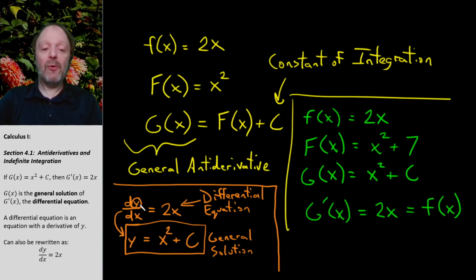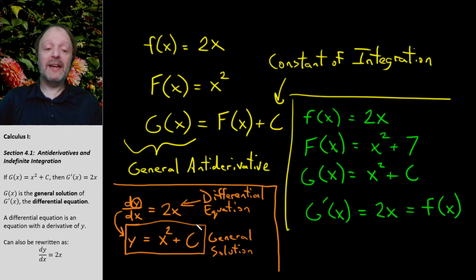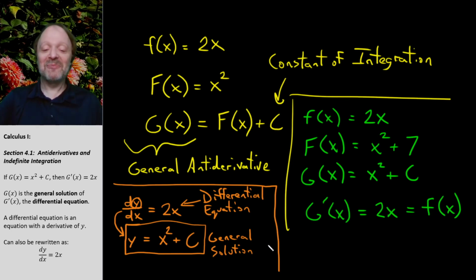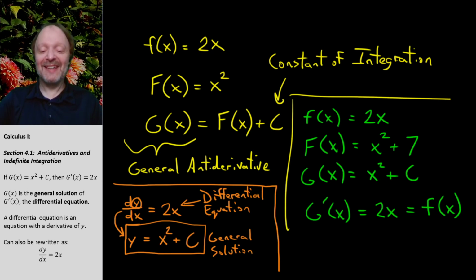The derivative of y with respect to x equals 2x. That's a differential equation. Okay? And so when we go backwards and find the general solution, instead of dy/dx, we have just y. And then we have the x squared plus c for the general solution. I think I beat that horse into the ground pretty thoroughly, so I think we're good to move on. Alrighty. So let me go to the next slide.